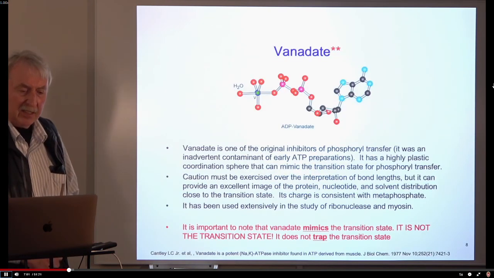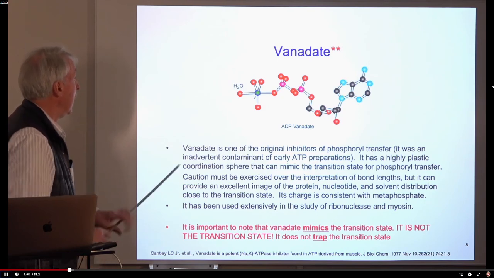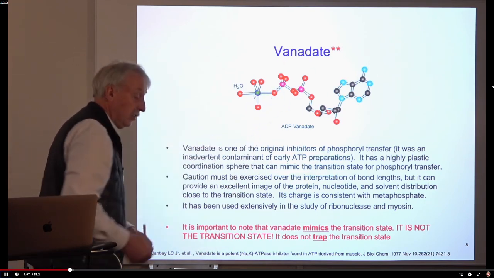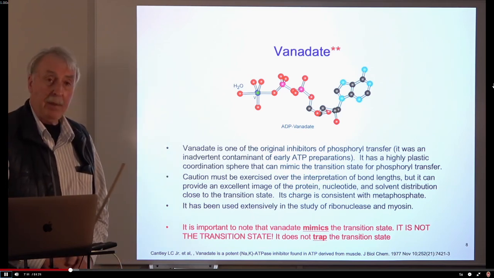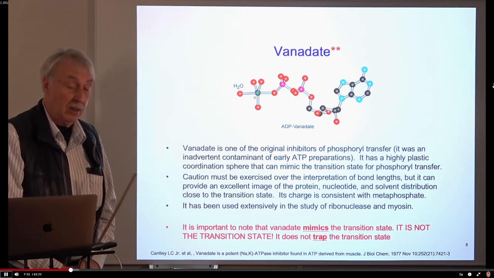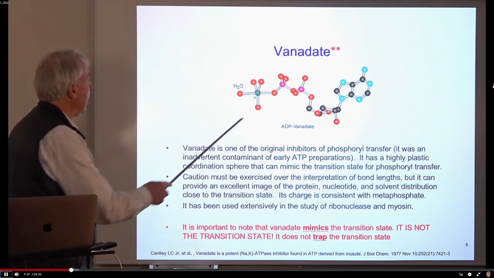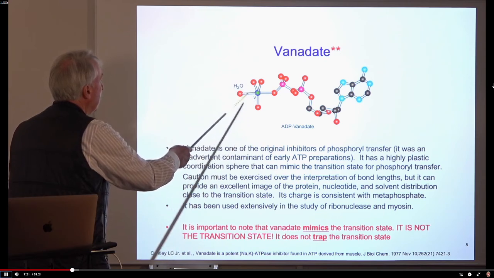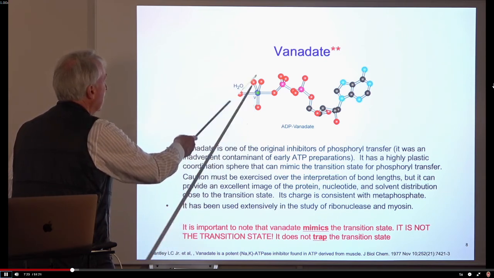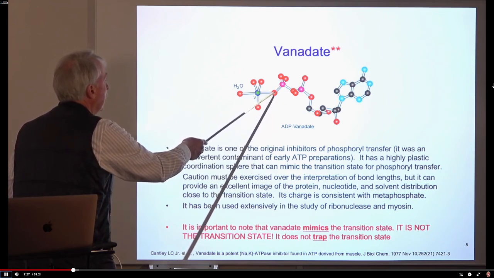The last class of inhibitor that you will see used frequently is vanadate. If you take sodium orthovanadate in solution and mix it with your ATP or ADP at the correct pH, around pH 7, you'll spontaneously form in the active site a trigonal bipyramidal complex between the vanadium ion, 3 oxygens on the vanadium, a terminal water, and an oxygen from the beta phosphate.